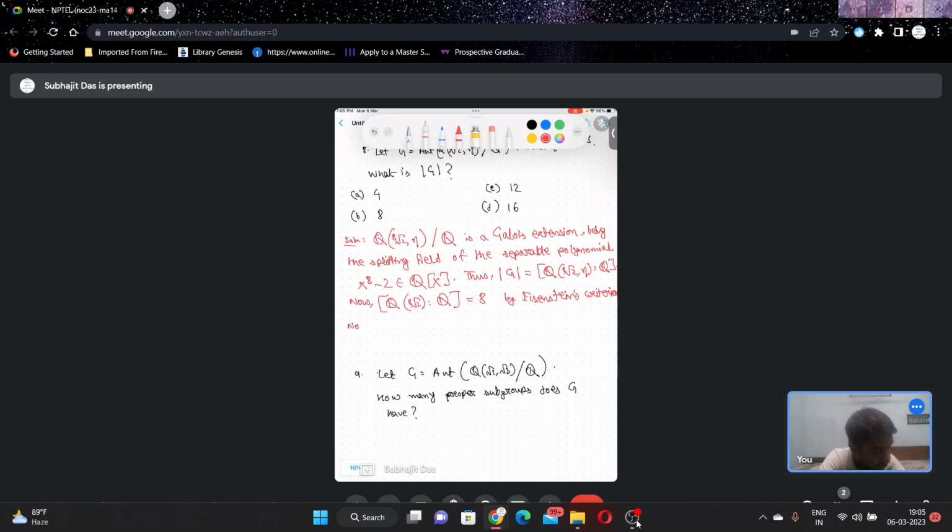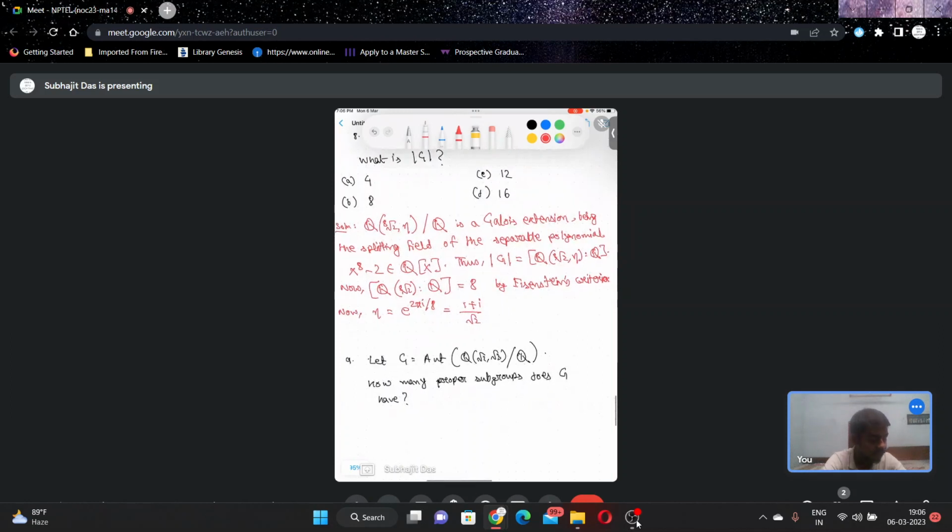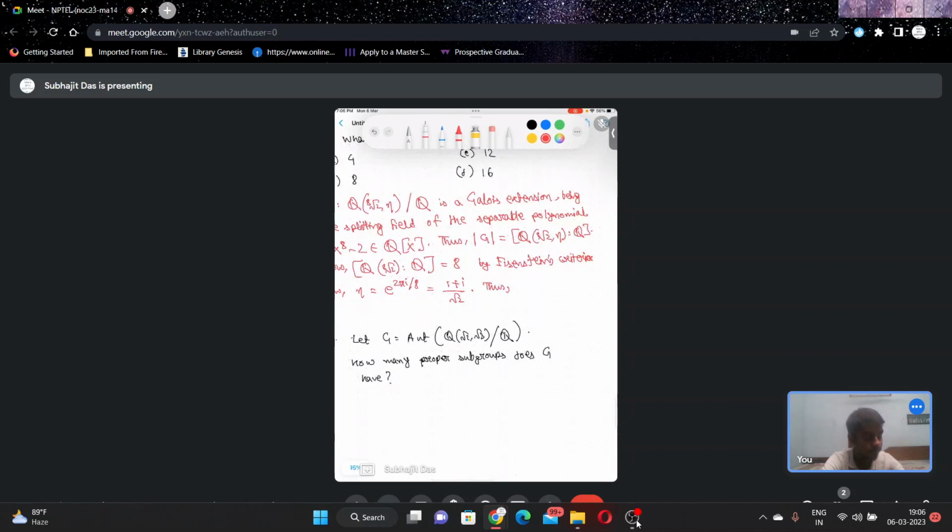Now eta is equal to e to the power 2 pi I by 8 as given here, which is equal to (1 plus I) by root 2, if I am not wrong, right? Yeah. Thus Q adjoined with the 8th root of 2 comma eta is the same as Q adjoined with the 8th root of 2 comma I, right?